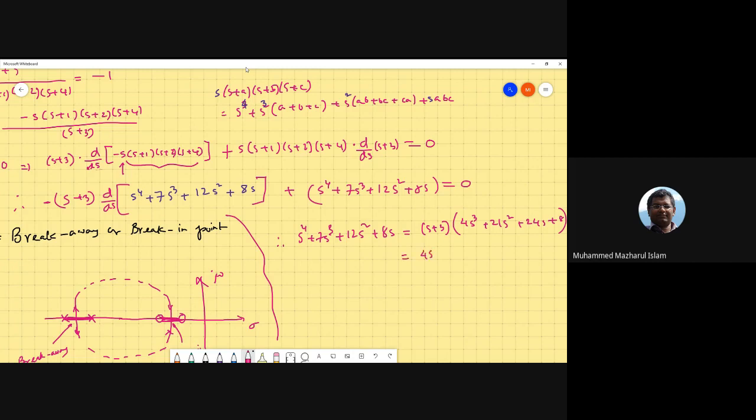You'll see that 4s to the power 4, 21s cube plus 24s square plus 8s, and then with 3, 12s cube plus 63s square plus 72s plus 24. This is the right side.